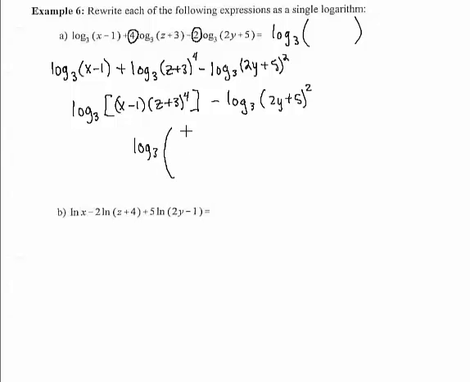So the first log expression would have its argument written as the numerator, and the log expression that's being subtracted would have its argument written as the denominator. And so we've completed this problem. We've written this original expression as one logarithmic expression.